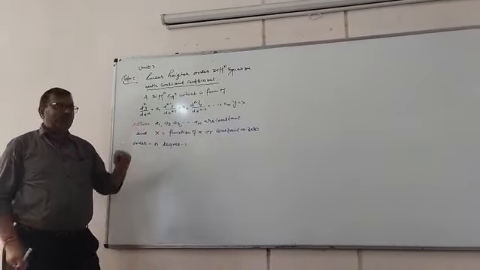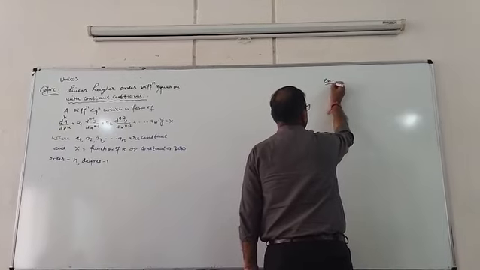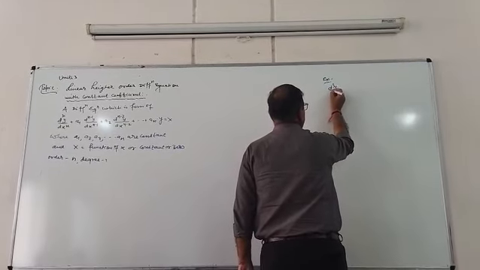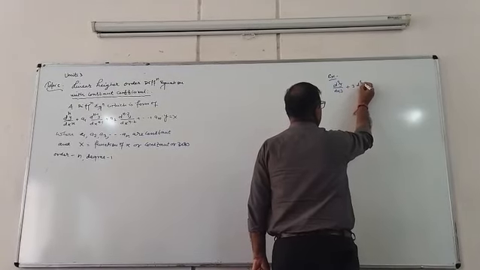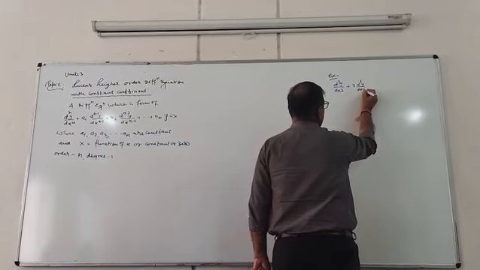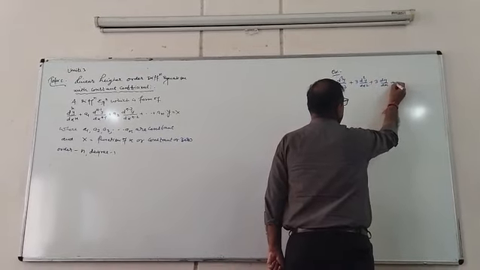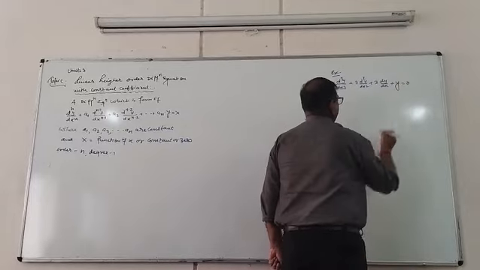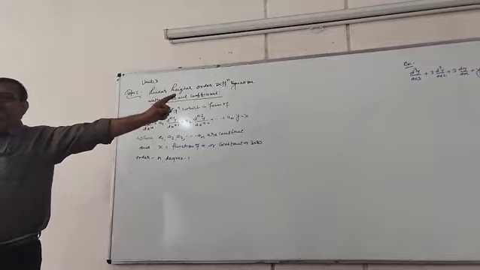For example, let us consider d^3 y upon dx^3 plus 3 d^2 y upon dx^2 plus 3 dy by dx plus y equal to 0. The order of this differential equation is 3.